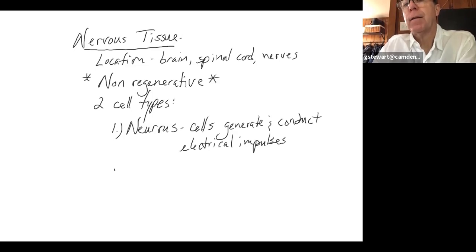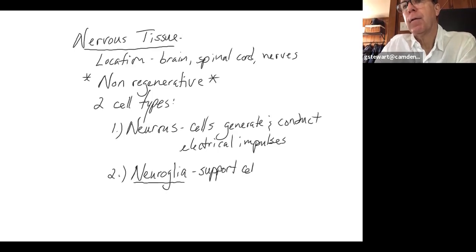And the second cell type, and it's a whole group of cells. I'm not going to list them all now because you'll learn them when we study the nervous system in detail. They're called neuroglia, G-L-I-A. These are considered support cells of the nervous system, and they do not conduct electrical impulses.